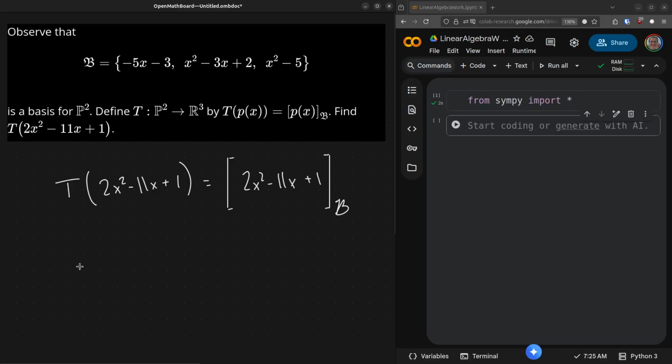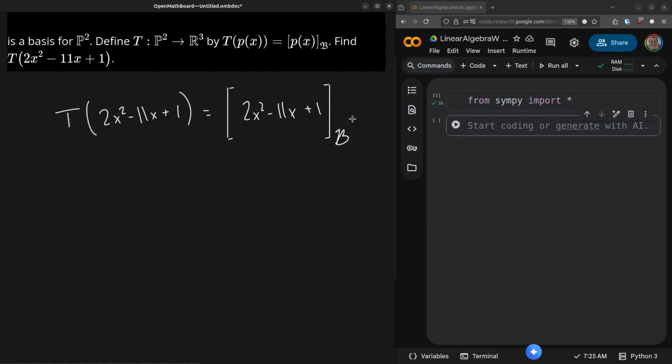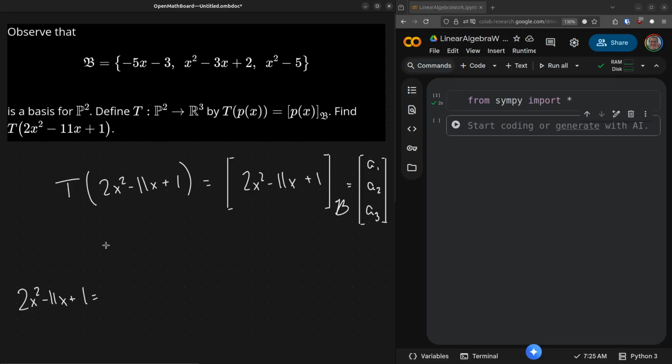So that means I want to find the coefficients that would allow me to express this input vector as a linear combination of the vectors in the basis. So this is going to be equal to A1, A2, A3, where A1, A2, and A3 are the coefficients of the following linear combination.